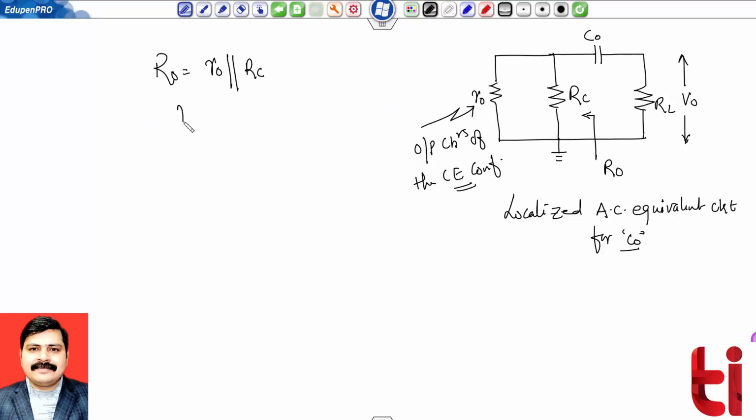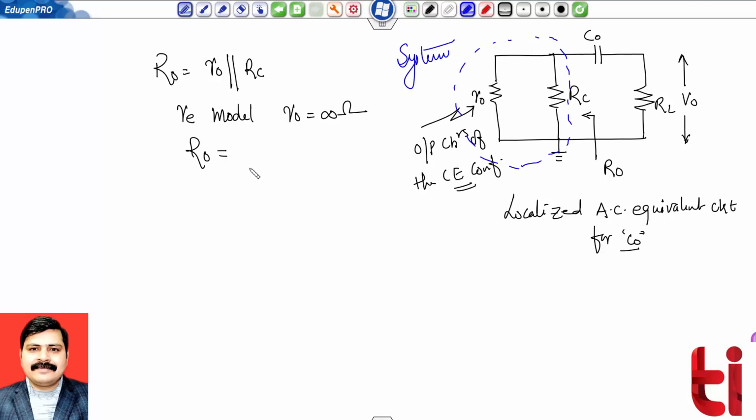Generally, for the re model which we have used, the typical value of small r naught is infinite ohms. So if you take the parallel configuration of both, then the general term R naught is the output resistance of my system. This particular segment represents my system, and this will be equivalent to RC.